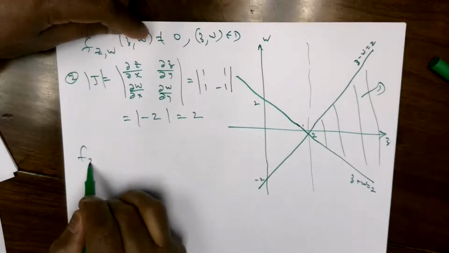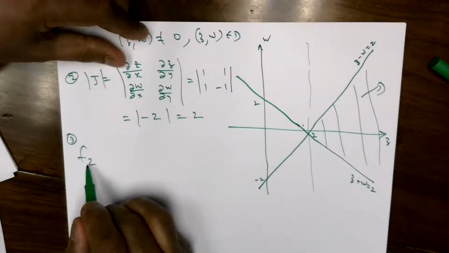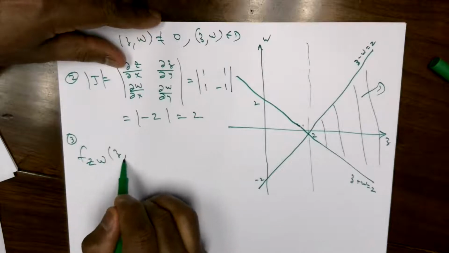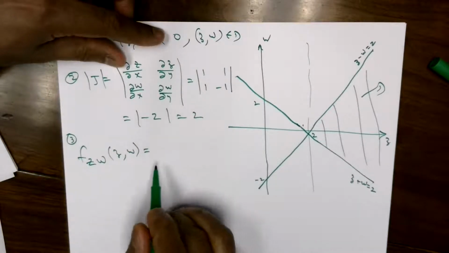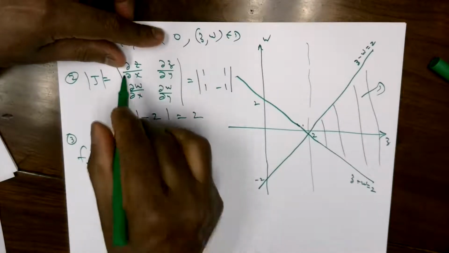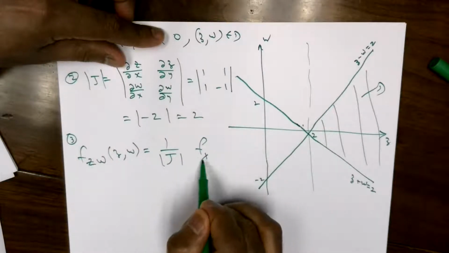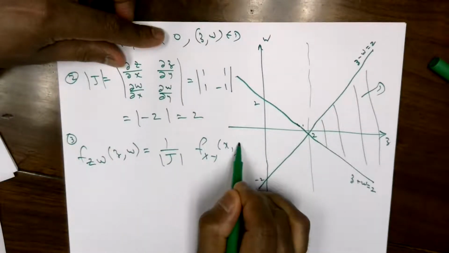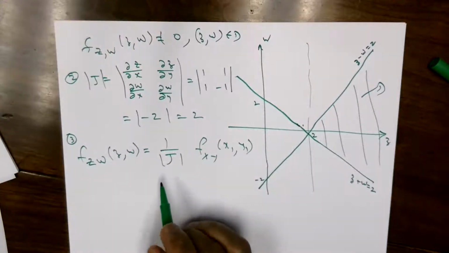So we are actually ready to find the joint density function of z comma w. It is 1 over the Jacobian, multiplied by f of x y evaluated at x1 comma y1.